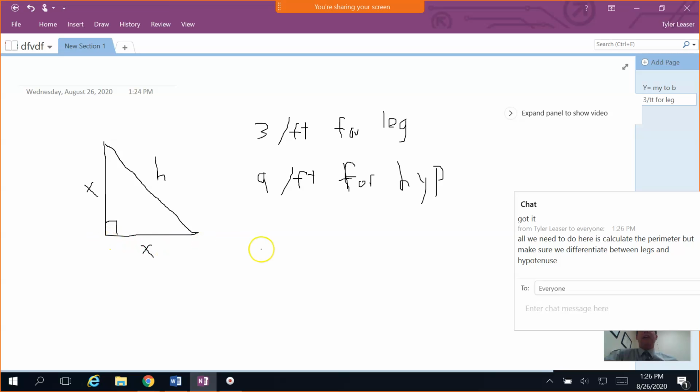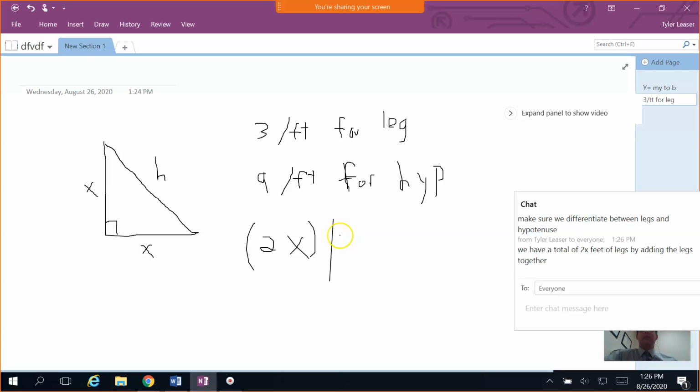So if we have x feet for this leg and x feet for that leg, we have a total of 2x feet of legs by adding the legs together. So that means we're going to have 2x feet of leg, and these legs are $3 per foot.